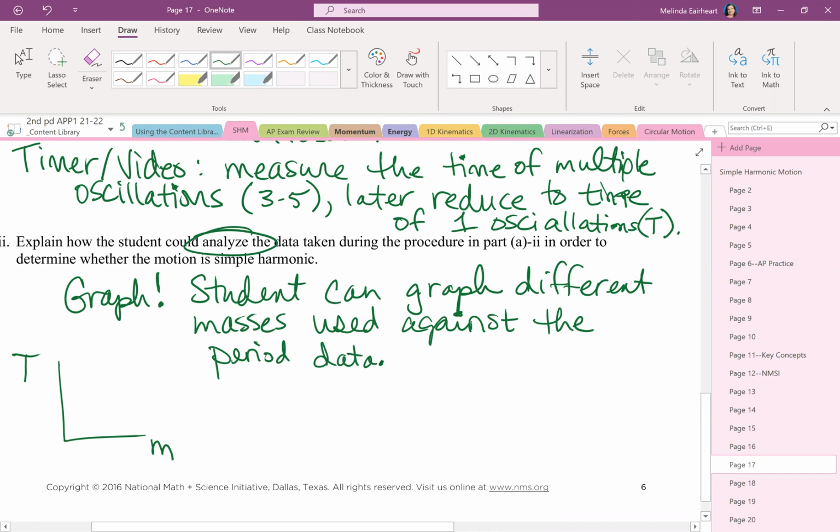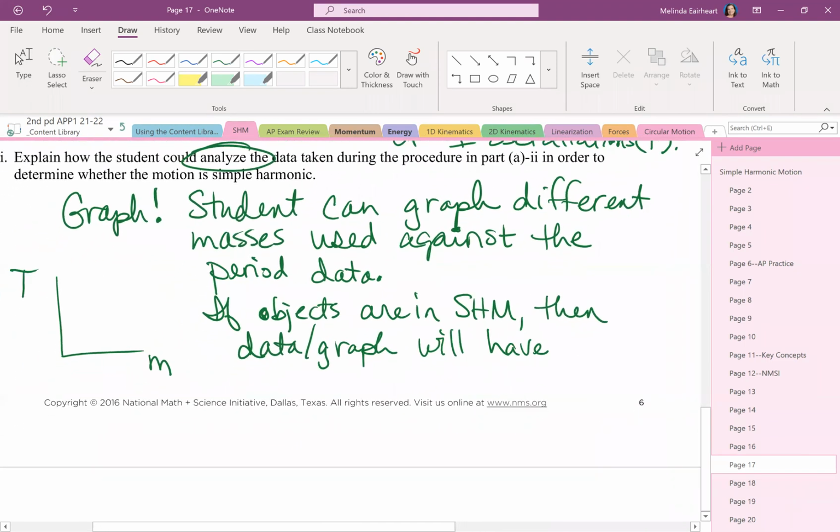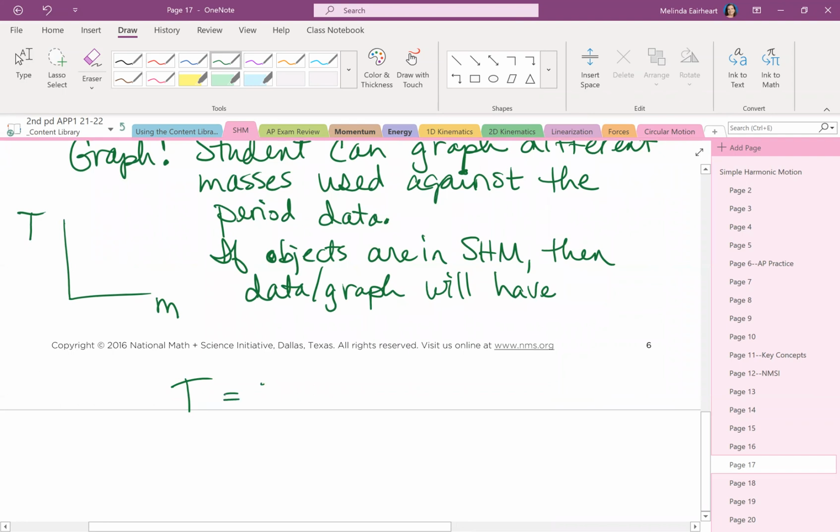And then how are we going to analyze? What should it look like if the objects are in simple harmonic motion? Then the data in the graph would look like what? Do we want linear? One mass change, like one range, one program, two program.